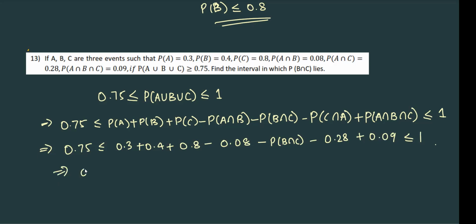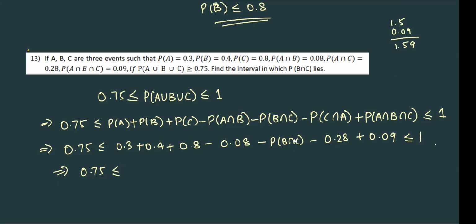So let's calculate. 0.3 plus 0.4, 0.7 plus 0.8 is 1.5. So 1.5 plus 0.09 is 1.59 addition.